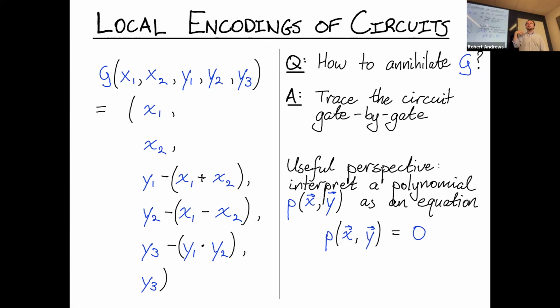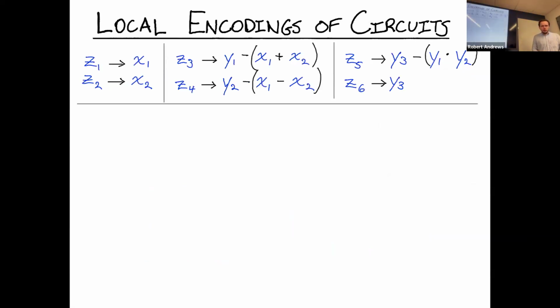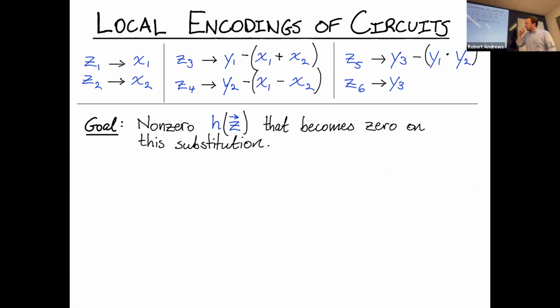You should really think of these as equations, not as polynomials, but I have to write everything as polynomials. What's our goal? We want to find a non-zero polynomial h in these z variables, 1, 2, 3, 4, 5, 6, corresponding to the 6 outputs of the generator, so that h becomes 0 on this substitution. These are the polynomials the generator is outputting.